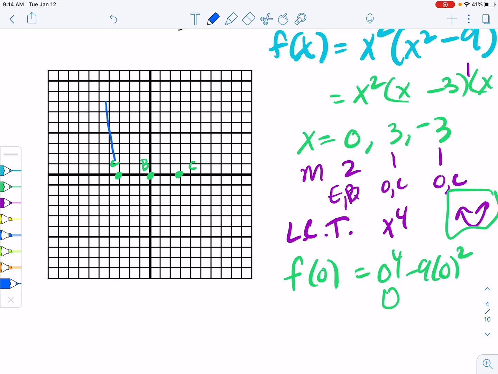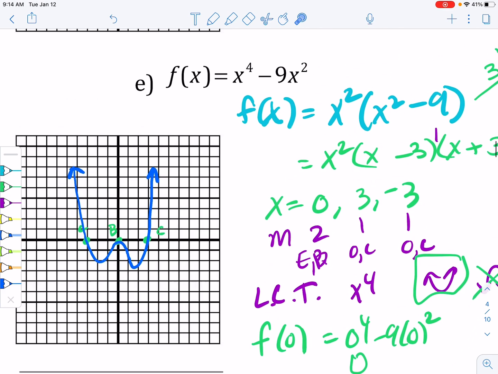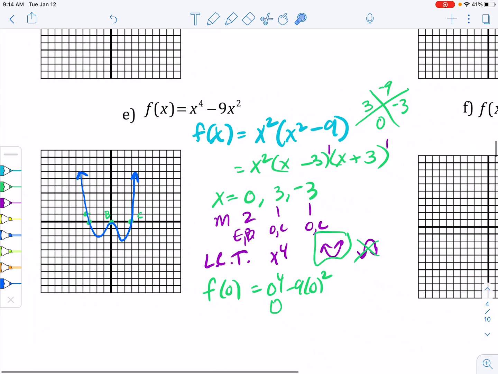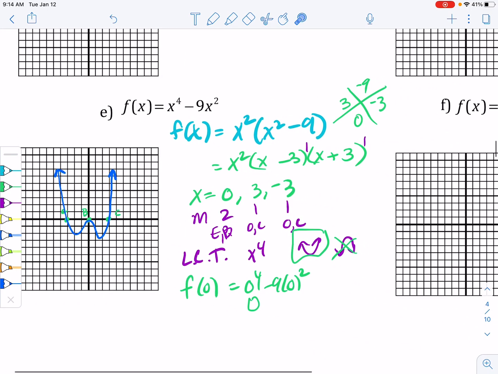I need to come through, cross through this one, bounce at this one, and cross through this one. Now, where your hills and valleys are, this may be further down, or you may have it so that it's symmetrical. Right now, we're not worried about that specific part of the graph. What we're worried about is our x-intercepts and our y-intercepts and what's happening at the far ends of our graph. So we can easily take what we know about factoring and factor these to get to our graph.